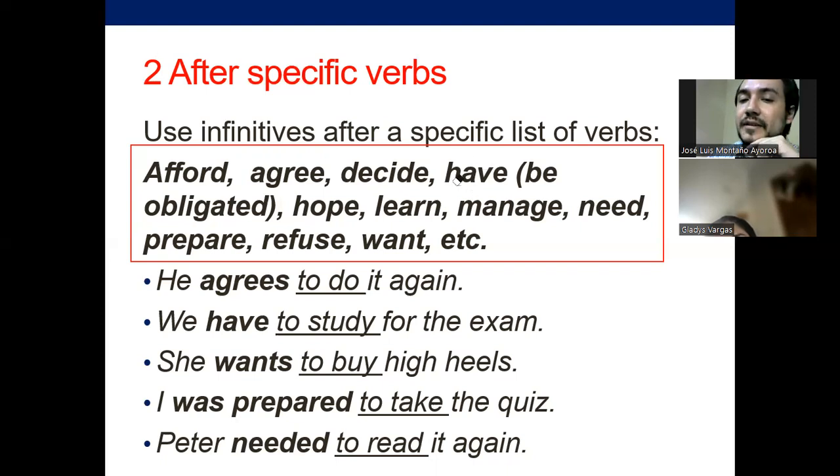What about have? Any sentence that you want in the present perfect. I have had to go to the pool. Great. I've had to go to the pool. And the last one, manage, please.